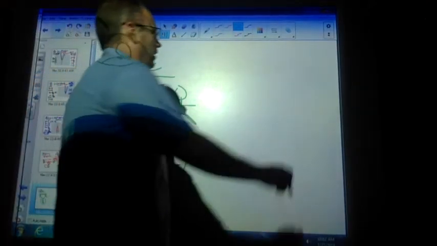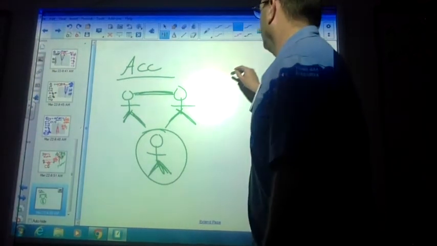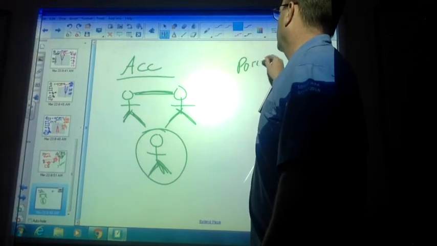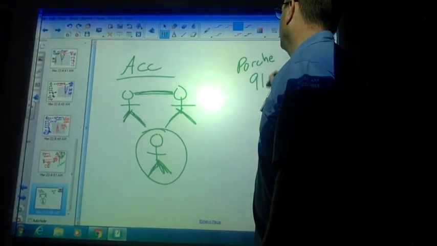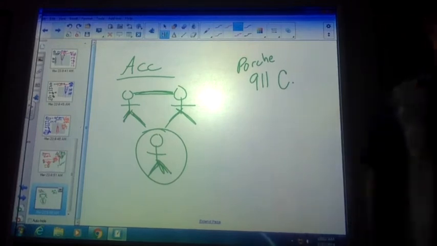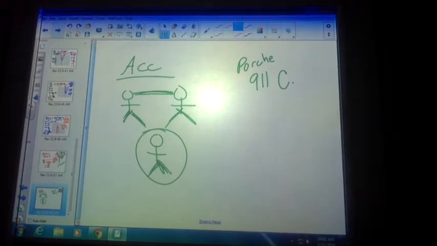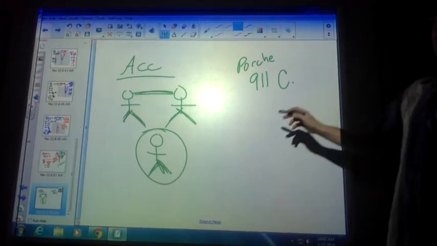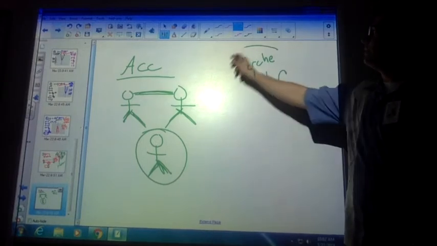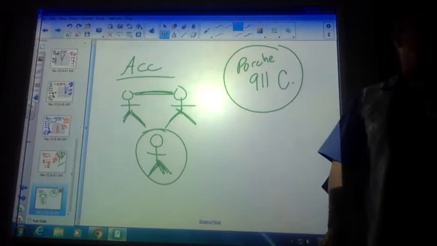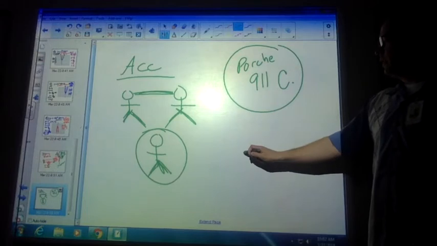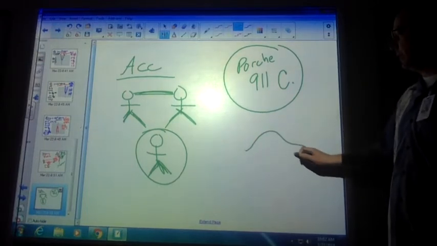Here's a little cool thing. Do you guys know what the Porsche 911 Carrera looks like? If not, you need to look it up. You want to know what's most amazing about the Porsche 911? It's kind of shaped like this as a car.